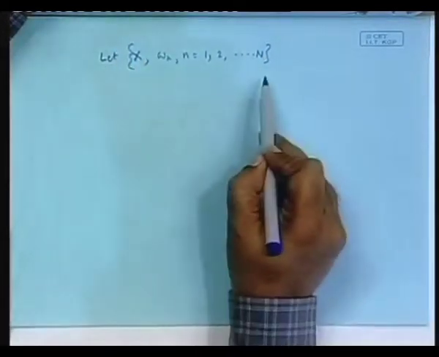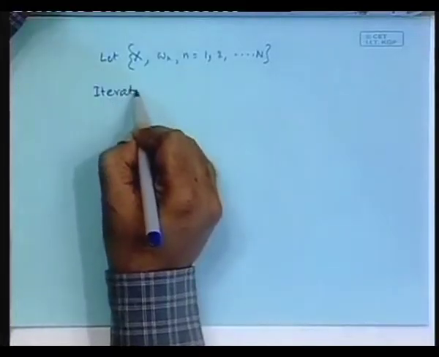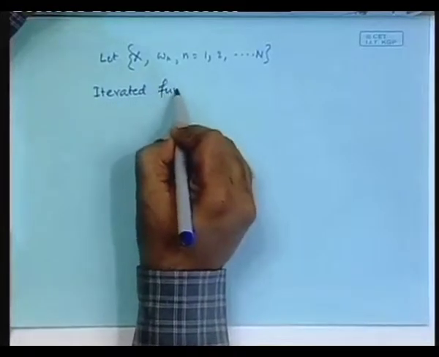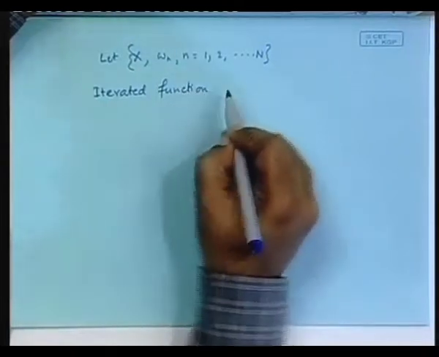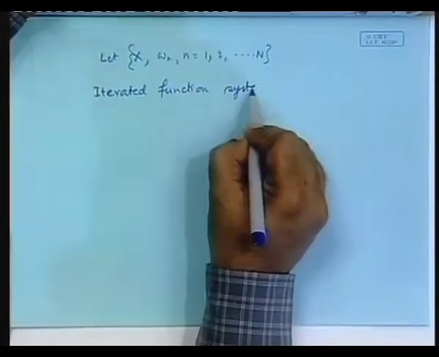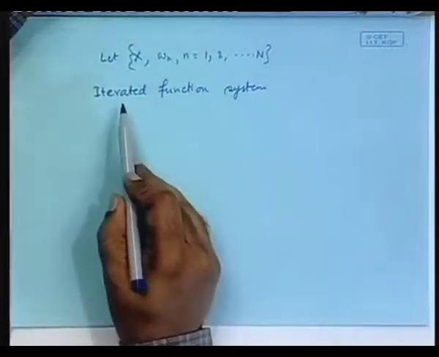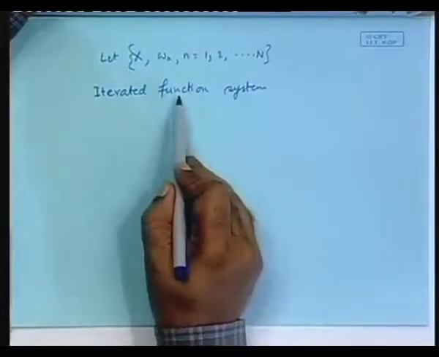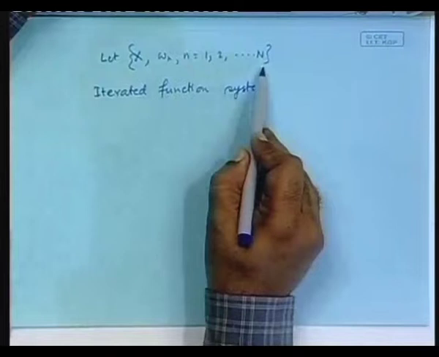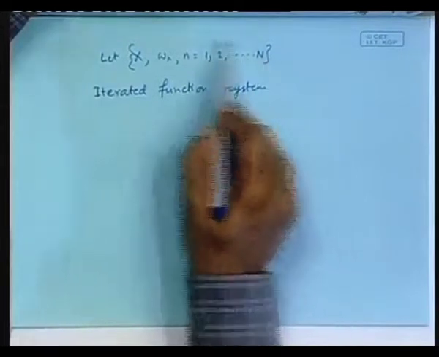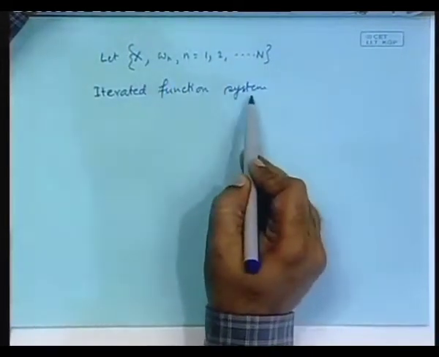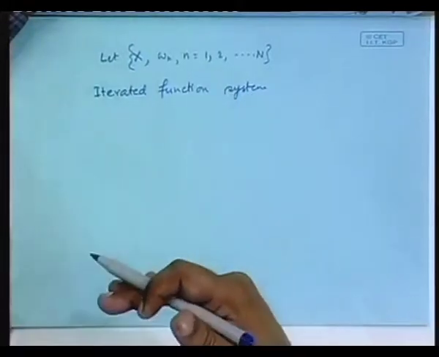This taken together will be called the iterated function system. Function system means these W's are the functions taken together, it is a function system, and you can iterate it.